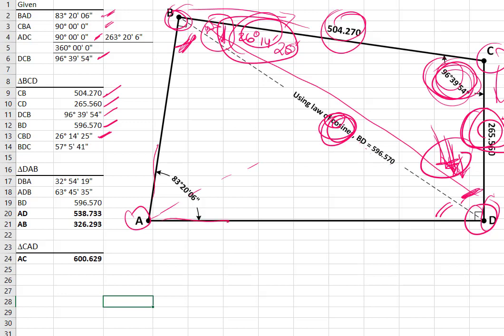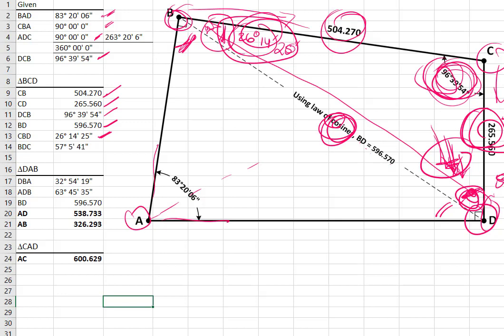So this angle now, we subtract from 180 the summation of 26 and 96. This will give us the value of angle BCD. This angle is 57.